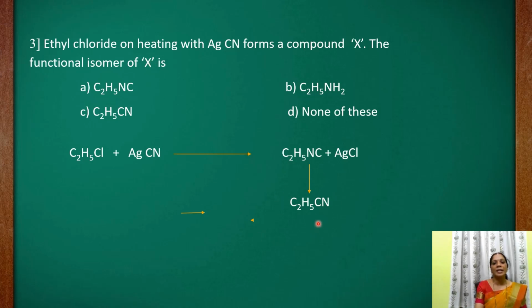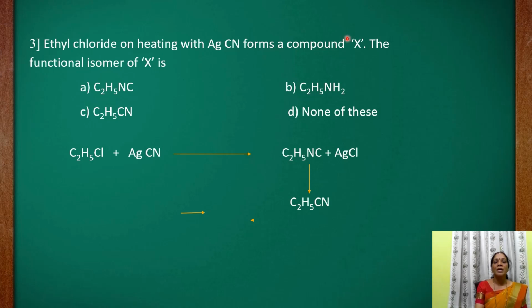That means ethyl isocyanide is the product formed. Its functional isomer, if you consider the cyanides and isocyanide, what is the formula for the cyanide group? CN minus. What is the formula for the isocyanide group? NC minus, isn't it? These two are always what? Functional isomers. Hence, isocyanide is the X here. That is the product formed.